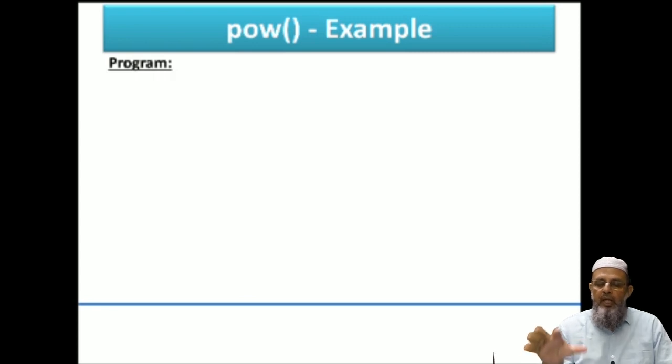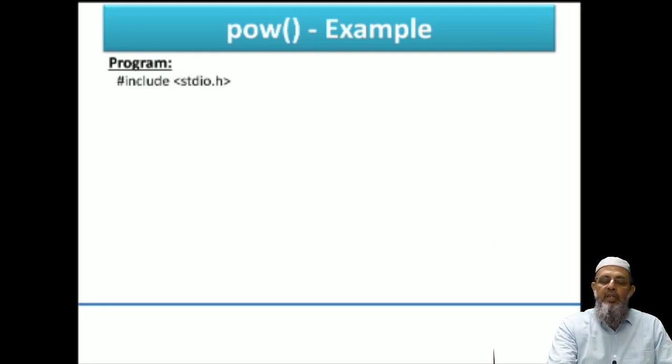So here is an example, an illustration of the power function. We will write the program. First we have included the stdio.h file. Second, we are including the math.h header file because we are going to use the power function. It is mandatory to use the math.h header file.